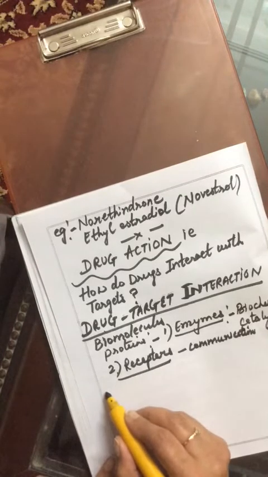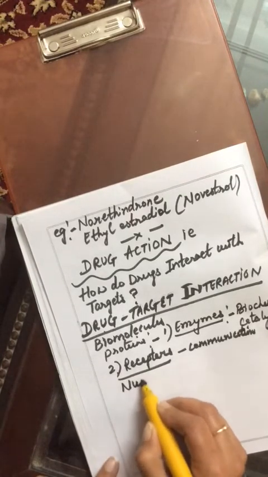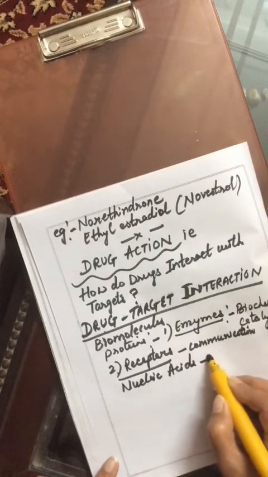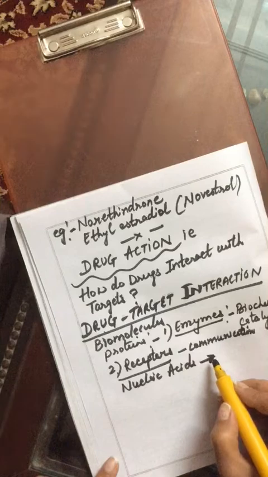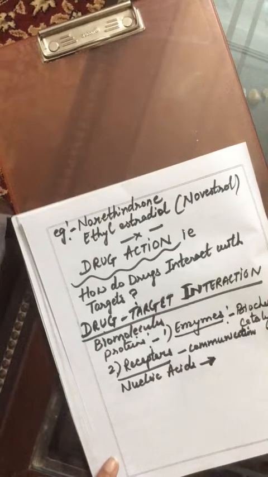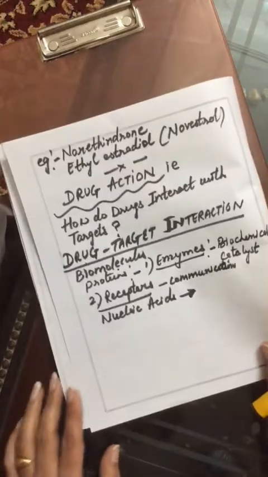Another example of biomolecules is nucleic acids. Nucleic acids have genetic information. The information that transfers from one generation to the other is through nucleic acids.